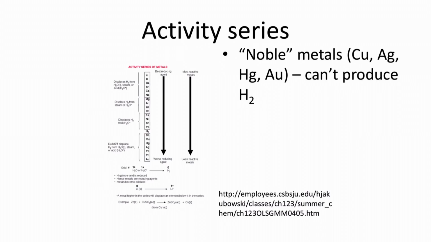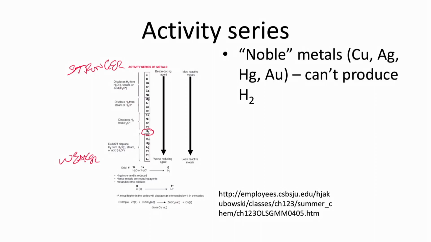So here's a table called the activity series, which actually demonstrates how reactive or how active these different metals can be. The way to read this, which I don't recommend you memorize, is anything on top is stronger than anything on the bottom. Right here is hydrogen.